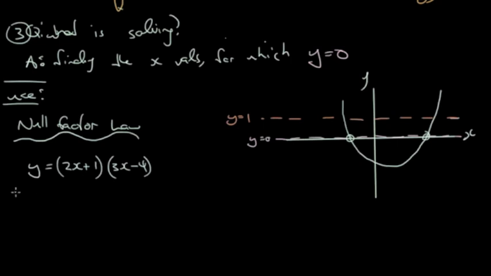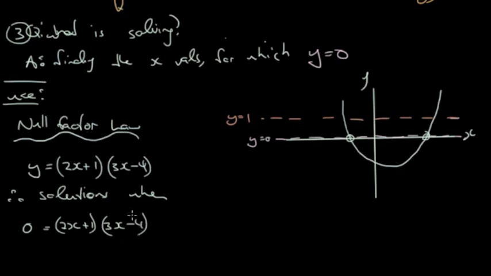So therefore, solutions when 0 equals 2x plus 1, 3x minus 4. And this is because we're finding the x values for which y equals 0. We've got y equals 0.